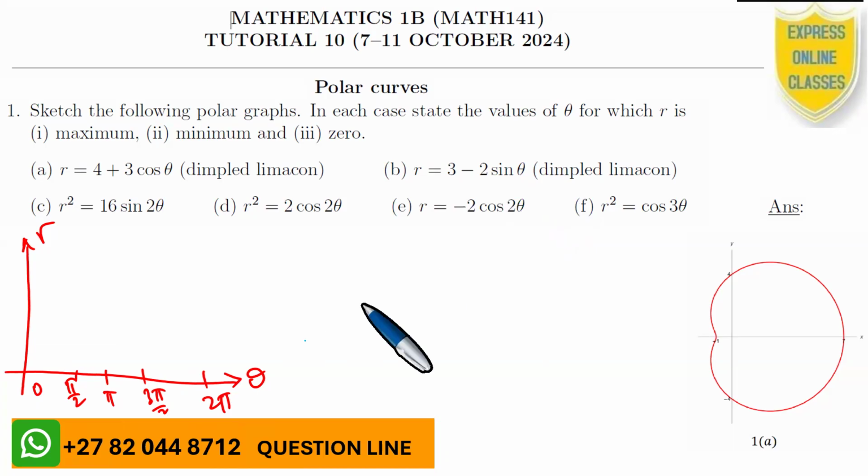When theta is 0, you have 3, because sine 0 is 0. But at pi over 2, then it becomes 1. Let's move the 3 up. Rather, the sine of pi over 2 is 1.